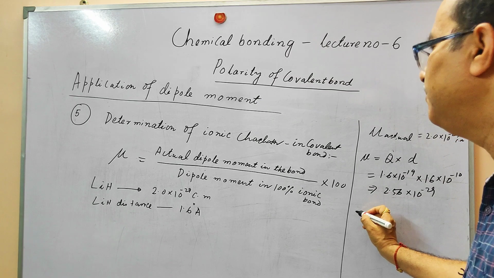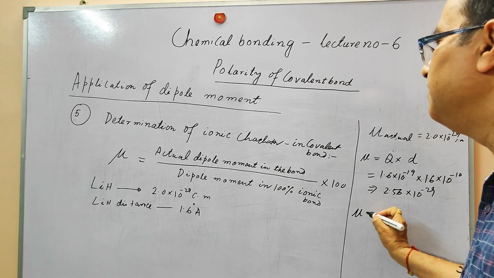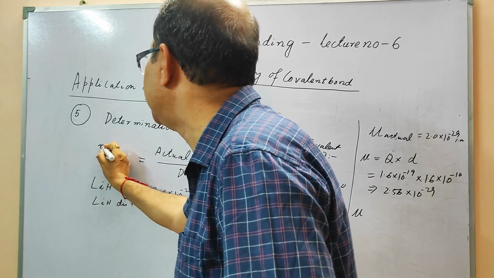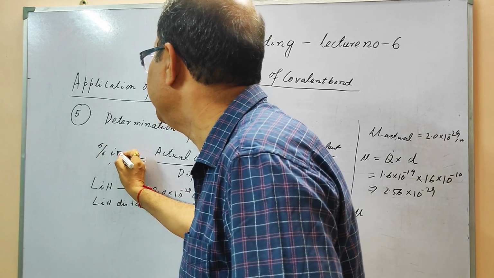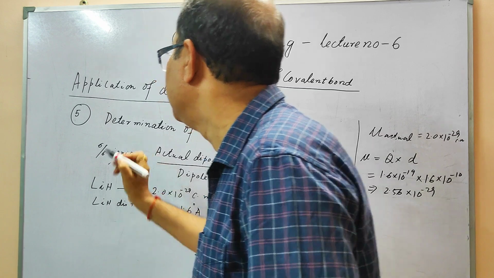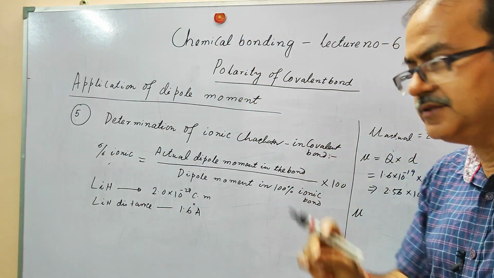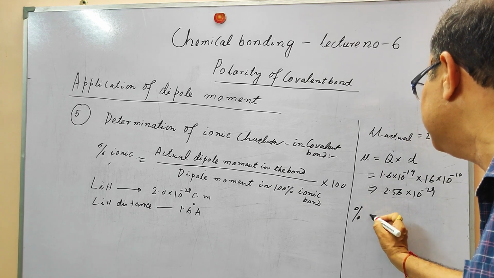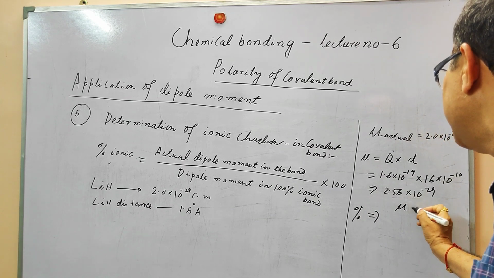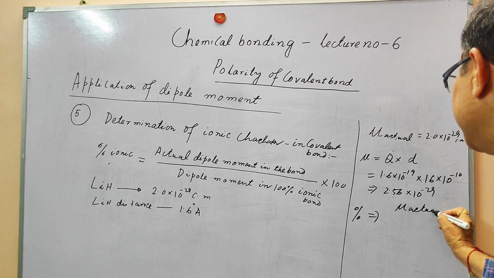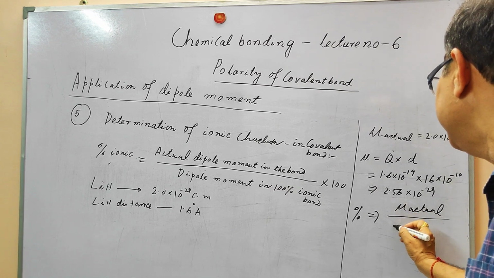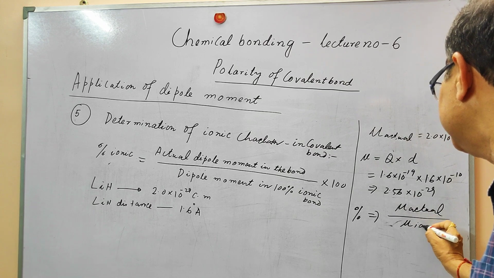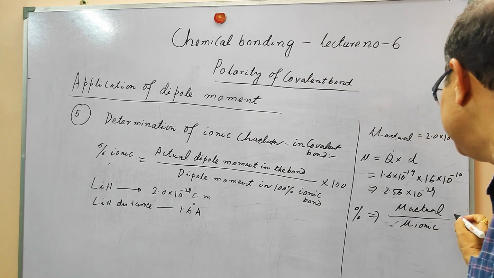Now the percentage ionic character in this covalent bond is given by mu actual divided by mu ionic, into 100.